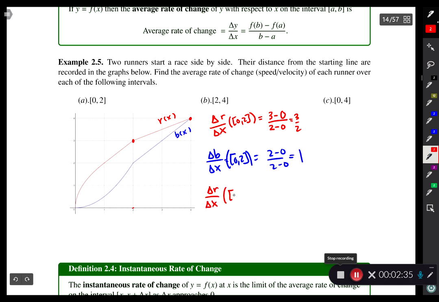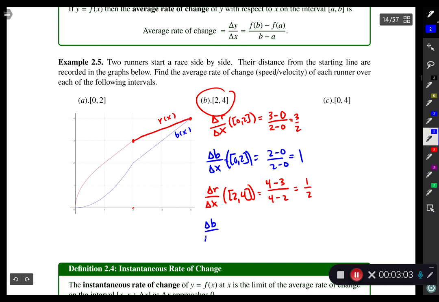So we're going from x equals 2 to 4 in this interval. Now we're doing part B, and what we're going to get is 4 minus 3 over 4 minus 2. The change in y was 4 minus 3, and the change in x was 4 minus 2. So we get 1 half, which means the slope of this red line here is 1 half.